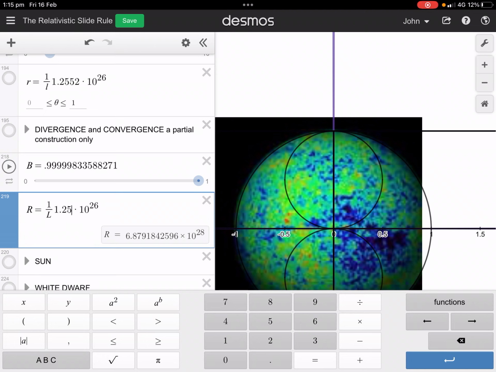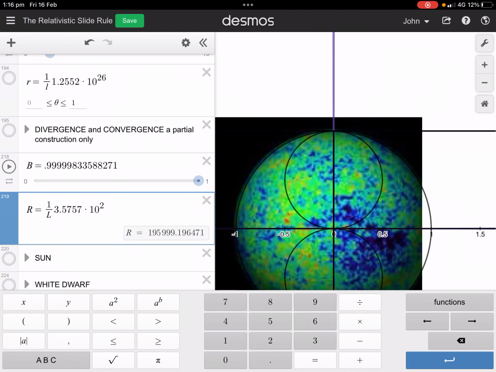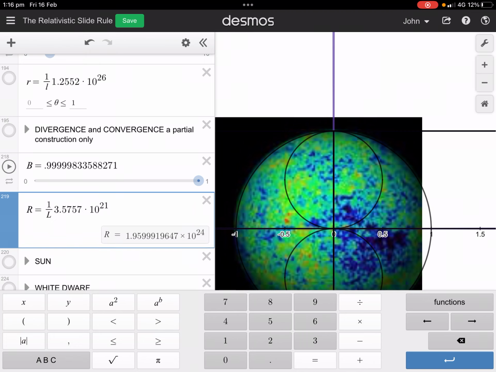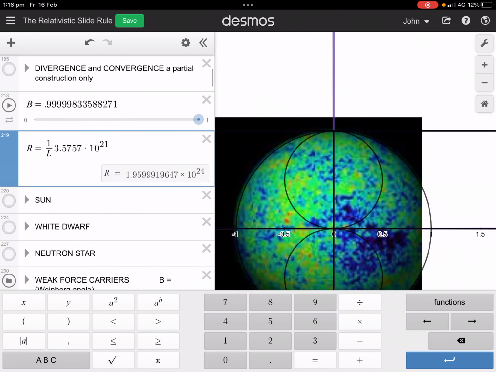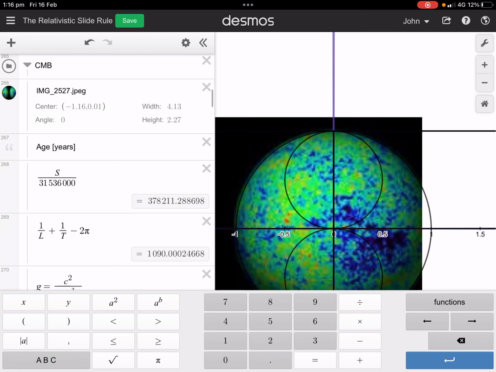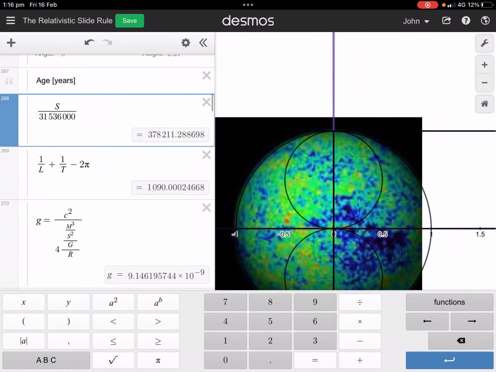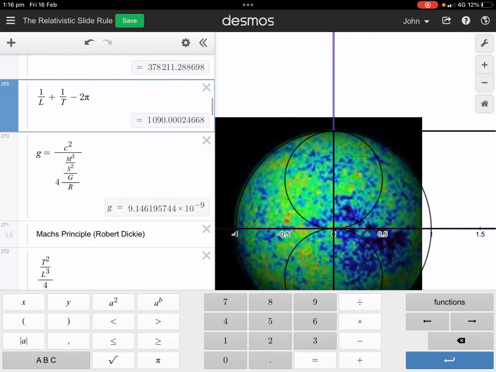And it's got a radius of 3.5757 times 10 to the 21. You can see it's about 10 to the 24 all up. And it's the correct age. I've already been through this. That's the correct redshift, which is now the microwave background.